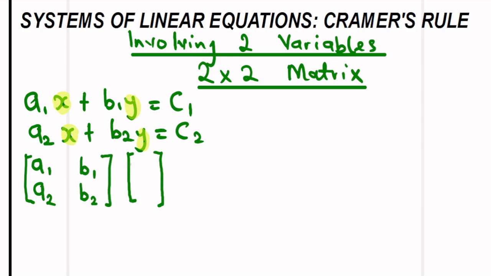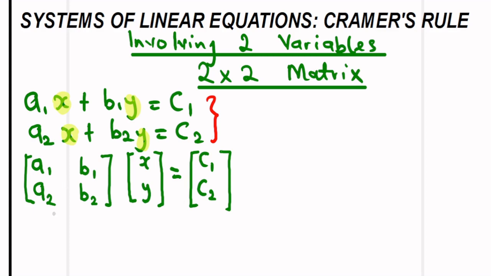Now we're going to write the unknowns we're looking for, x and y, which is equal to the values of c1 and c2. So now I've been able to express this equation in a matrix form. This is what it looks like in a matrix form.